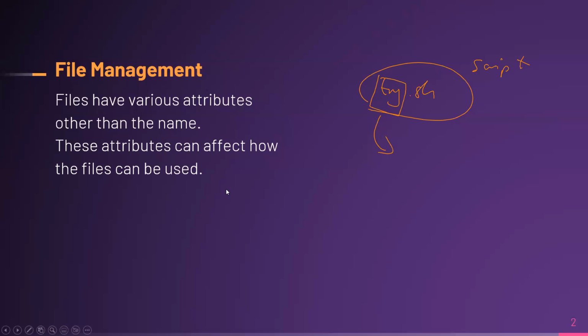Now, as I mentioned earlier, even though files will have various attributes, these attributes are not going to be the same for every single file. The attributes may vary. And the way the attributes have been positioned or created would have a direct effect on how you can access that file.